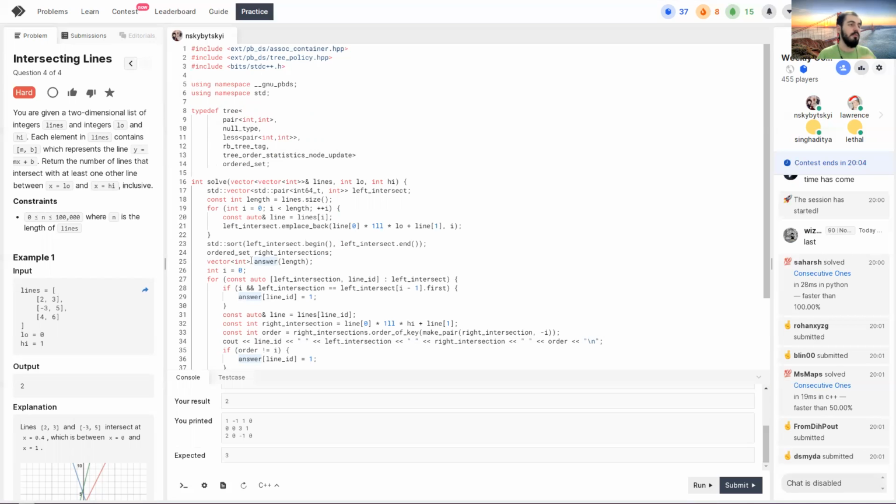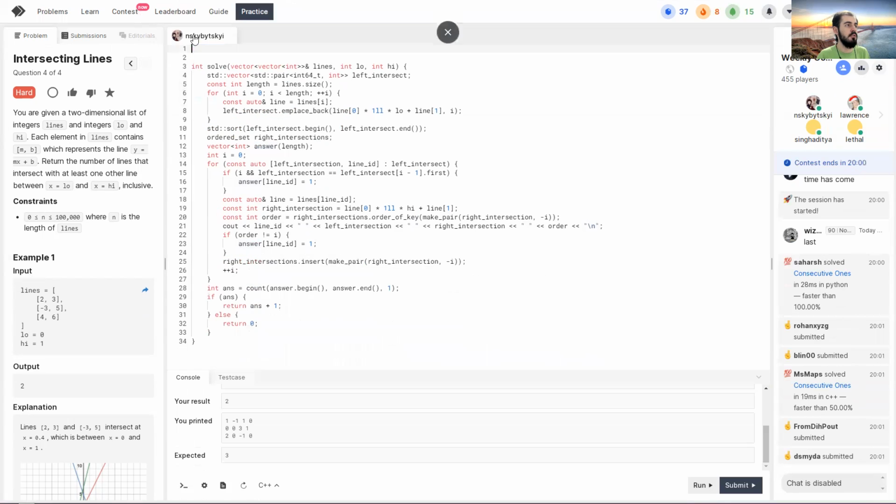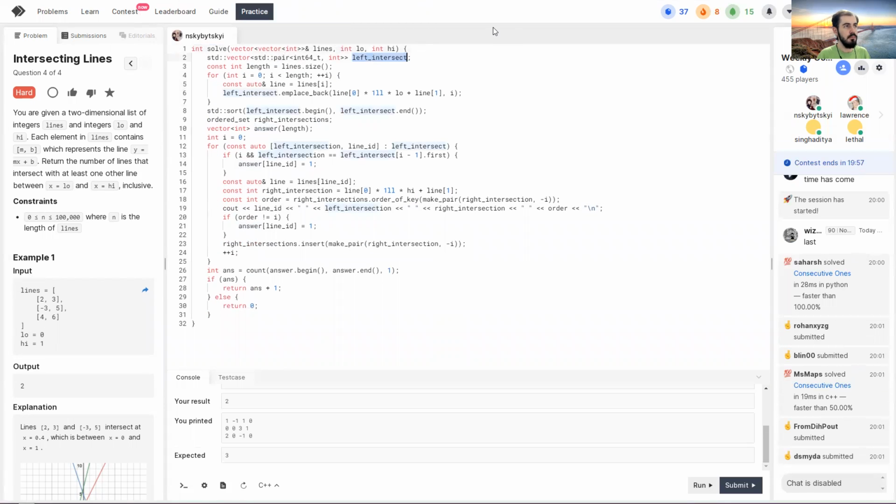An adequate way to do this would be to mirror everything, right? If right intersect, left intersect.